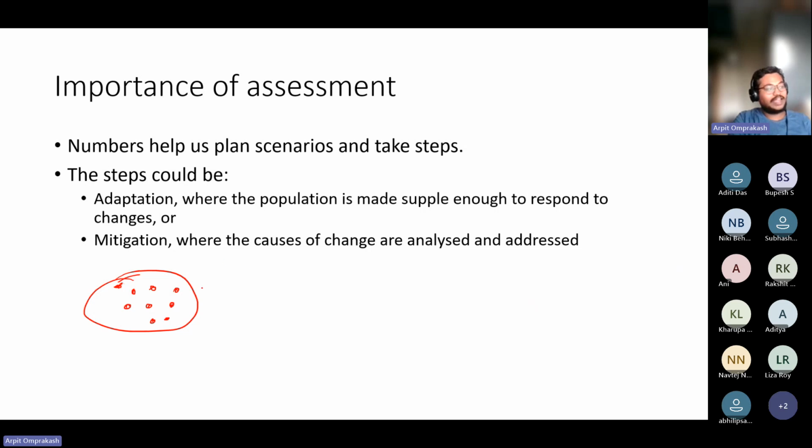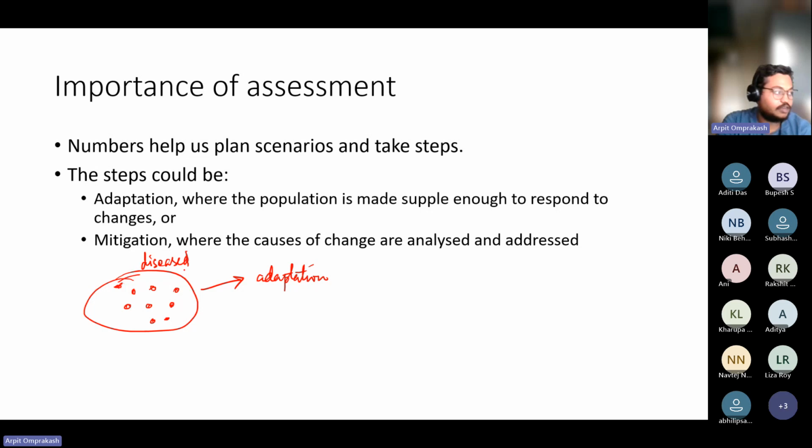There are two kinds of steps that we can take. One is called adaptation. Adaptation is when the population is made supple enough so that it can respond to the changes. For example, in this case, we have cattle and the problem that they are diseased, right?